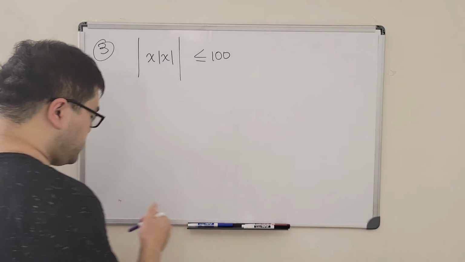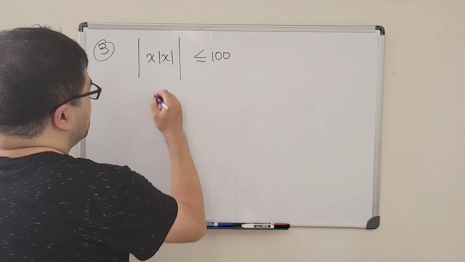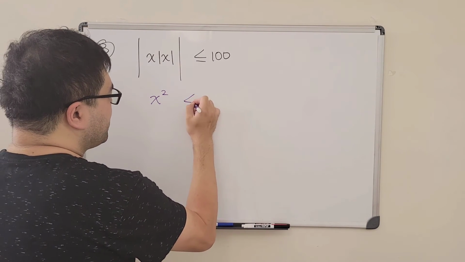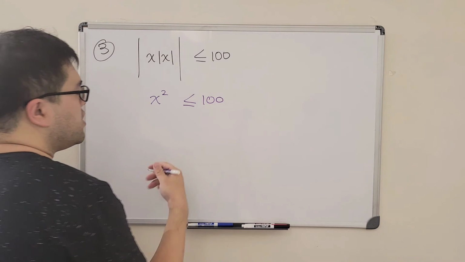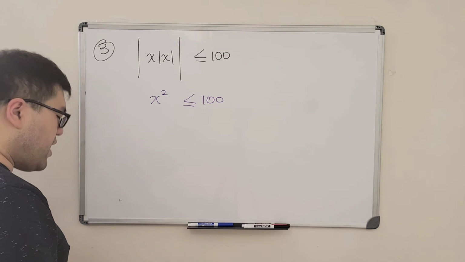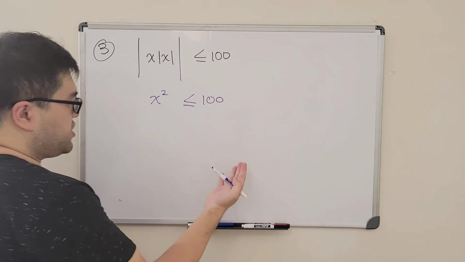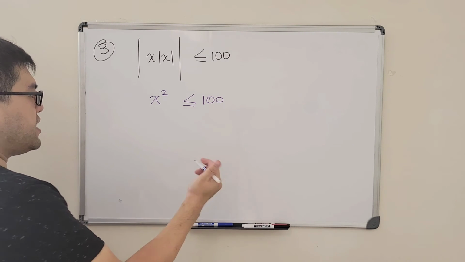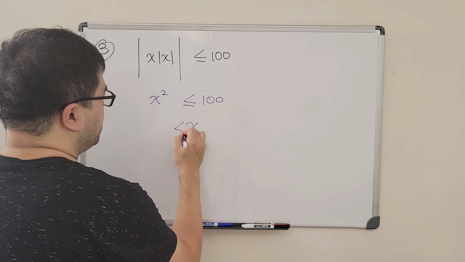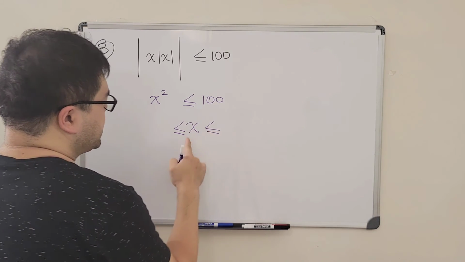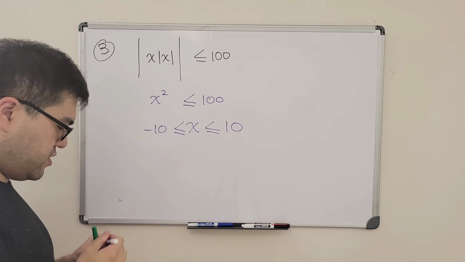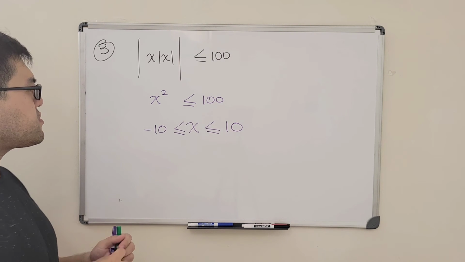So we now get the left-hand side, which is x squared, is less than or equal to 100. So now you can either factor out or just take the square roots, and don't forget you need to keep the signs. So we will simply end up with x is between -10 and +10. That's it.